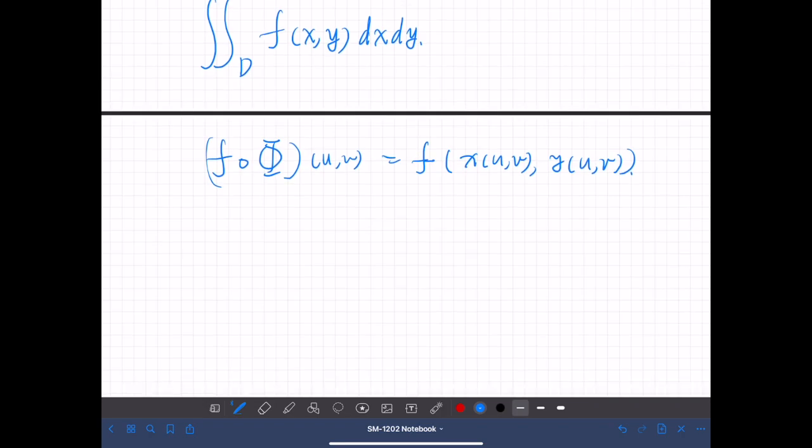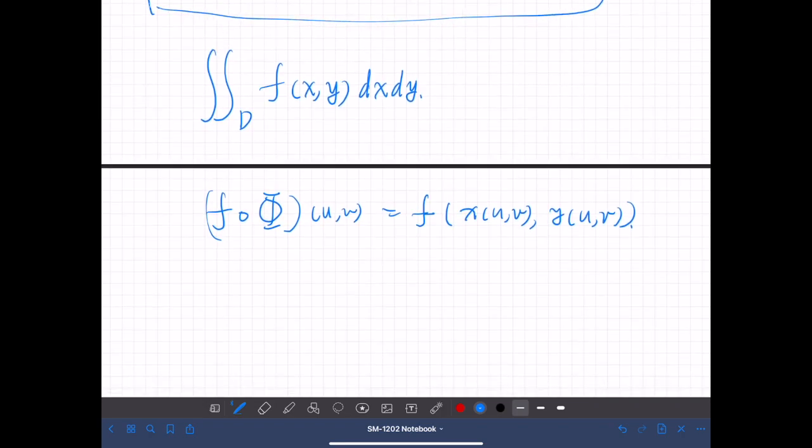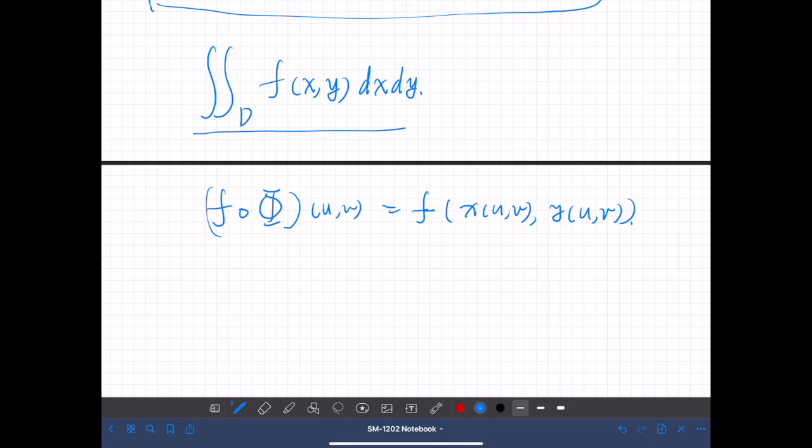Somehow we want to transform this integral in terms of an integral with respect to u and v.